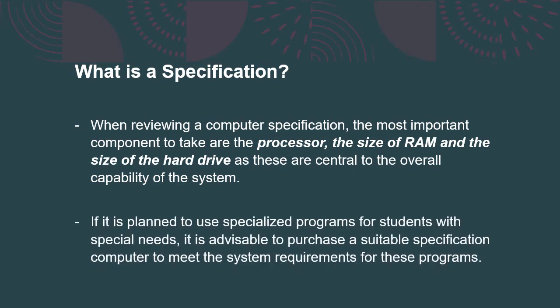If it is planned to use specialized programs for students with special needs, it is advisable to purchase a suitable specification computer to meet the system requirements for these programs.